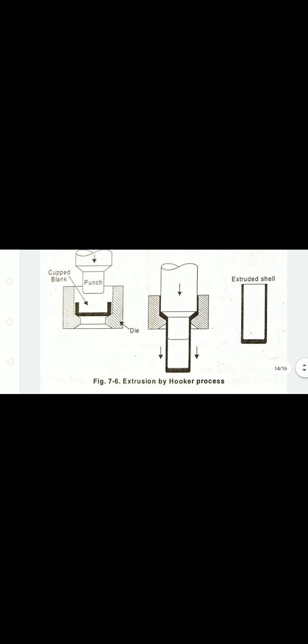But as the punch descends to the greater length, as the punch advances into another opening of the die, it brings the squeezed metal along with the punch. Hence it forms a tube. That formed or extruded shell or tube is shown in the figure. But in the earlier impact extrusion, the metal moved upwards. In this case, metal moves downwards along with the punch. Hence it forms the shells or tubular products with the Hooker process.